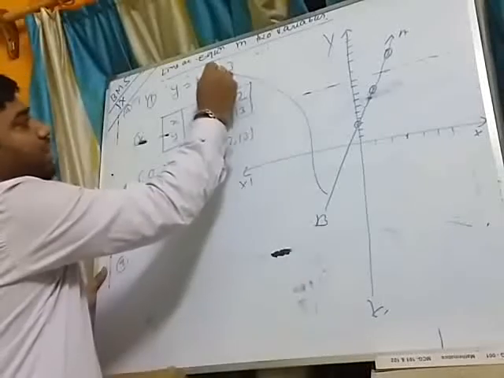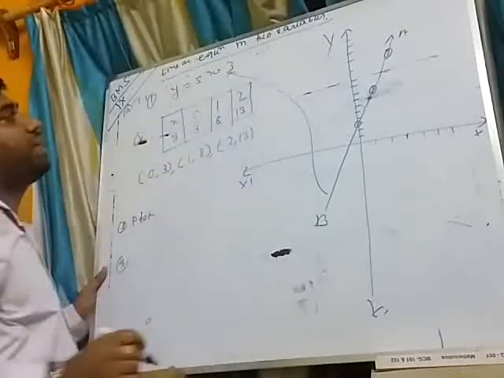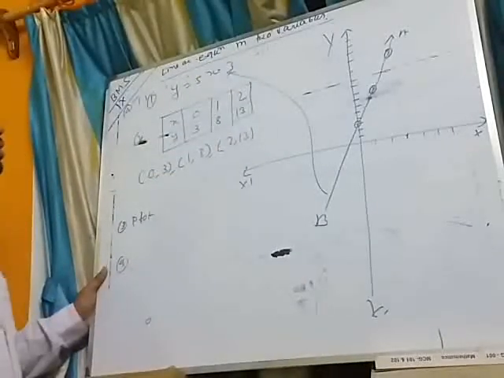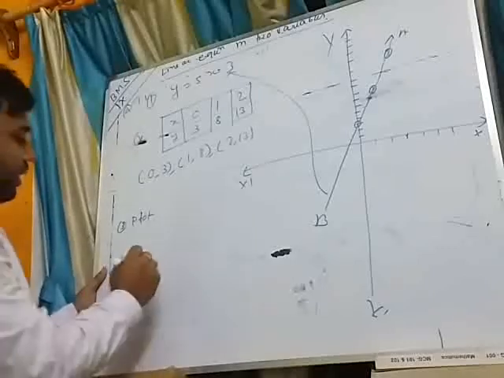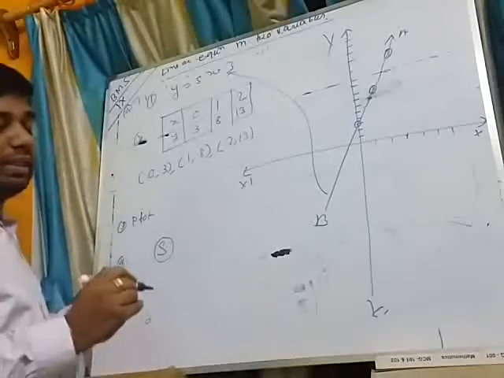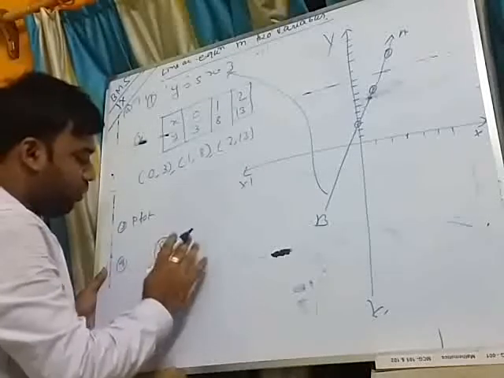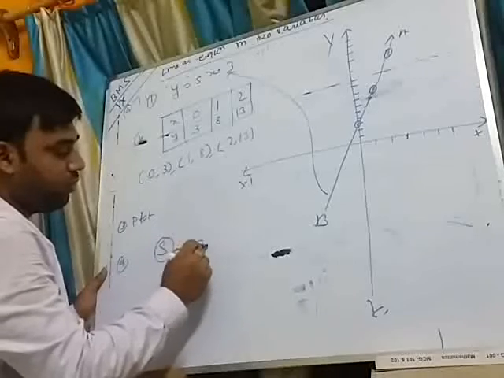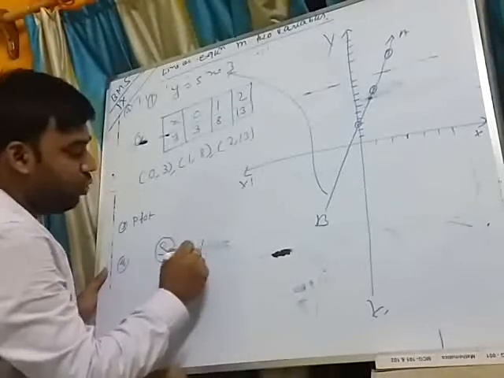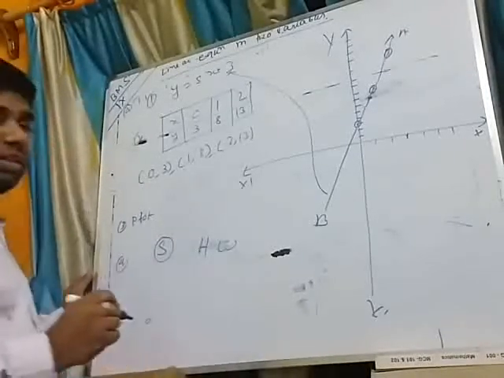Line AB is the required graph of the equation y equal to 5x plus 3. Okay. Now question number 5, students, I am giving you as homework. So solve it, that is homework. Question number 5 is the homework.